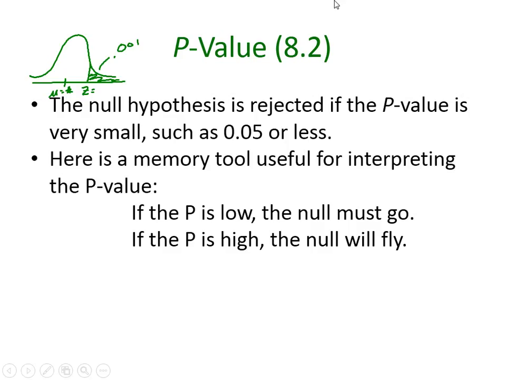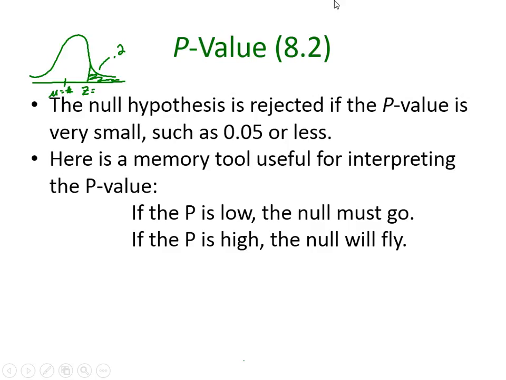On the other hand, if I'm calculating this out and I find my p-value to be 0.2, well, if I think the mean is this number and the probability that I get a sample that gives me that test statistic or more extreme is 0.2, or 20% chance, that's pretty high, that can just randomly happen.